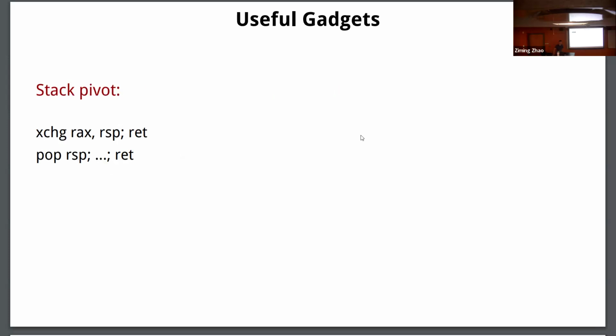Another useful gadget is the stack pivoting gadget. There is an instruction called exchange. It will exchange the values of two registers. This is an atomic instruction, and it is actually quite important in implementing a lock in this architecture.